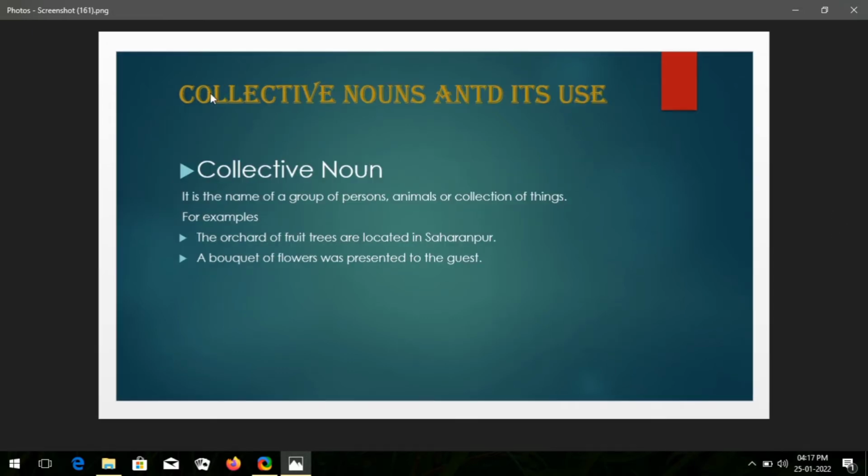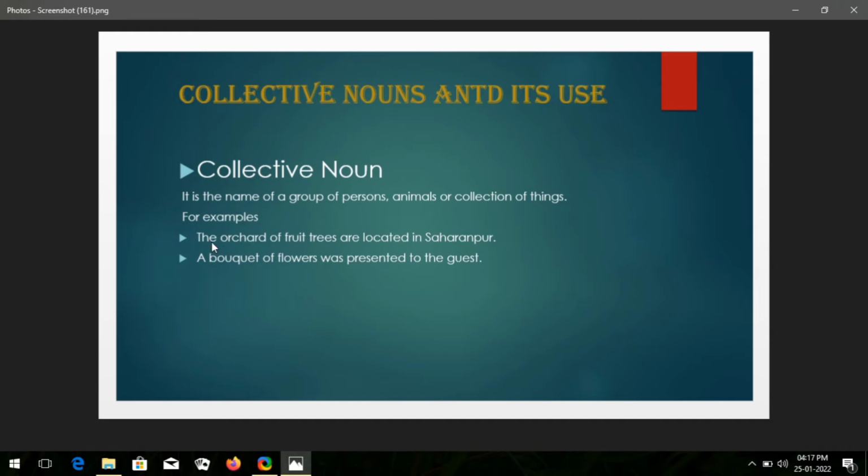Here the collective noun. Let's go through the collective noun. Collective noun, actually you can guess the idea by the name itself. It is the name of a group of persons, animals, or a collection of things. For example, if you are looking at some groups, group of people, group of animals, group of persons, group of things, these are called collective nouns.